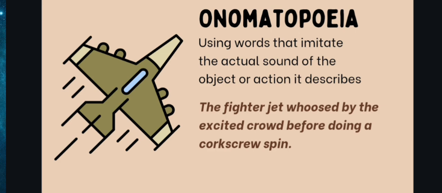Technically, the word whoosh doesn't have any meaning, but the sound of the jet is being used as a word to describe the object. The word whoosh here means the jet passed by, and it is used to describe the object and also to serve as its action.